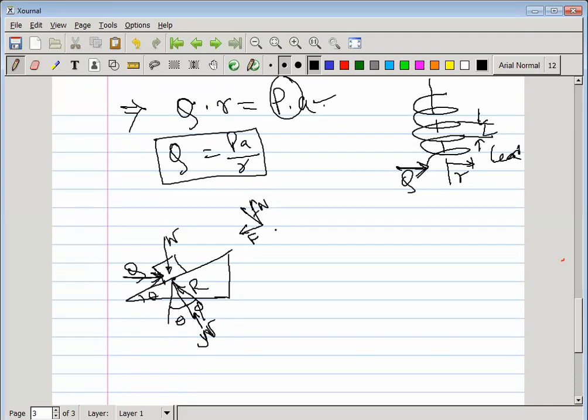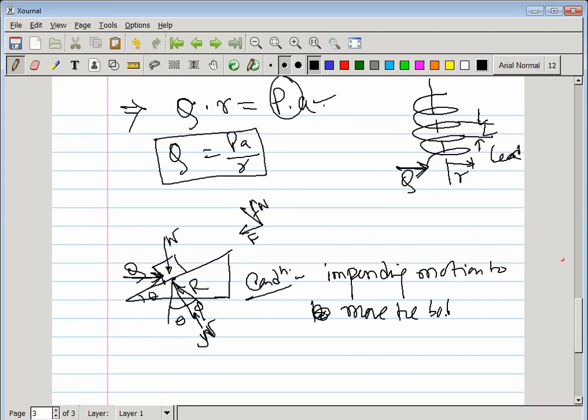Okay, this one, then if the condition is motion to move the body upward.